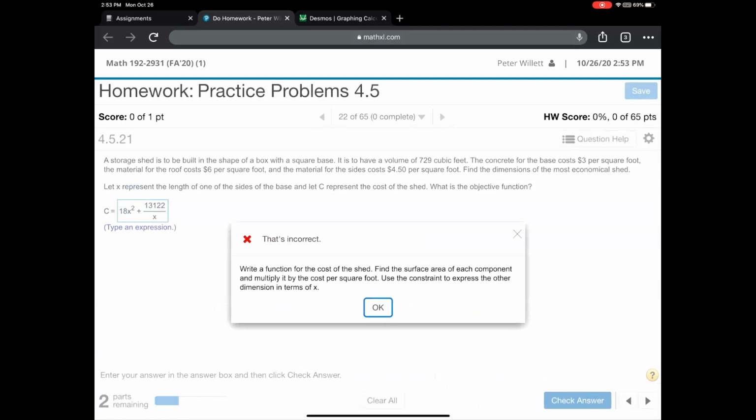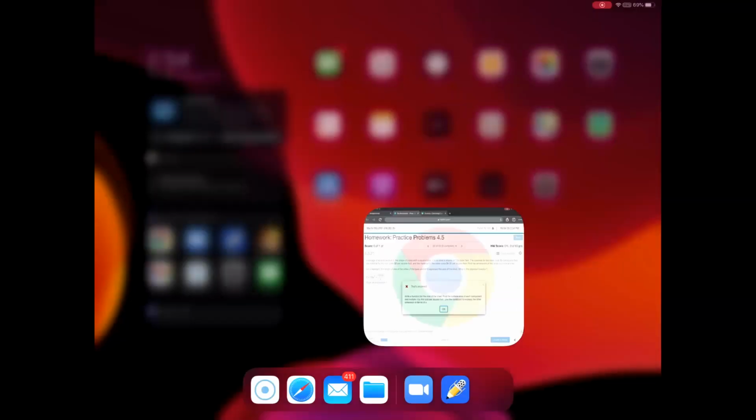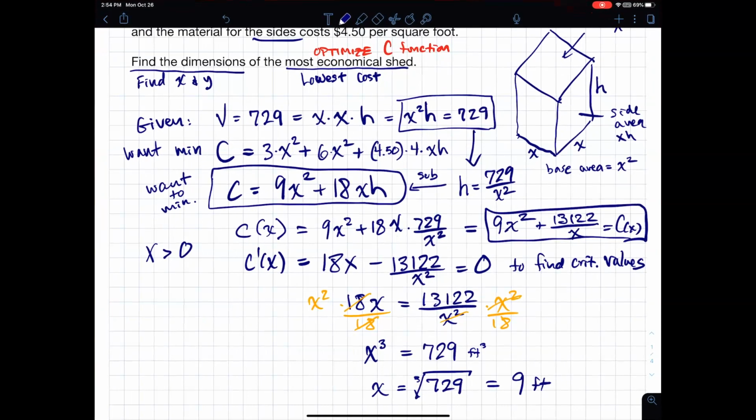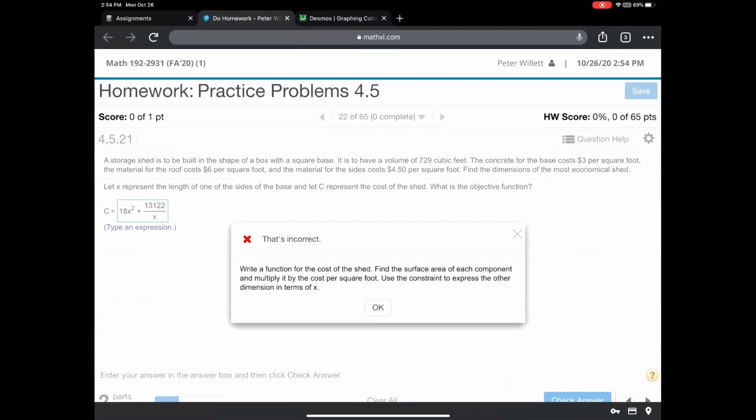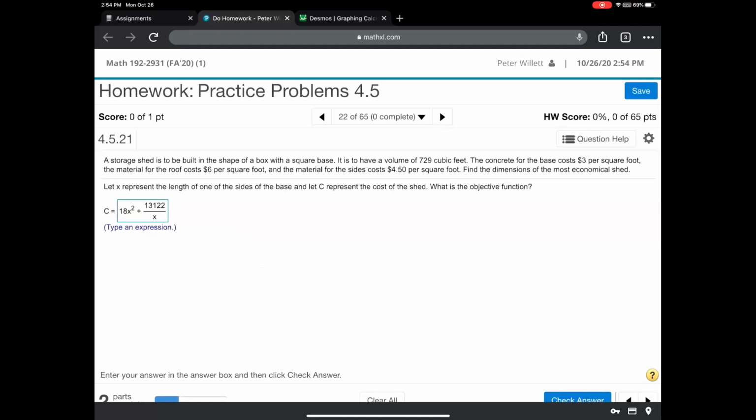Okay, incorrect. Write a function of the cost of the shed, find the surface area of each component, multiply by the cost. I think I did all that. So let me see if I copied over wrong, just to double check. 9x squared, 13,122 over x. Next, I said 18x squared instead of 9x squared. Okay, I do have to copy correctly, so that's always good to check.